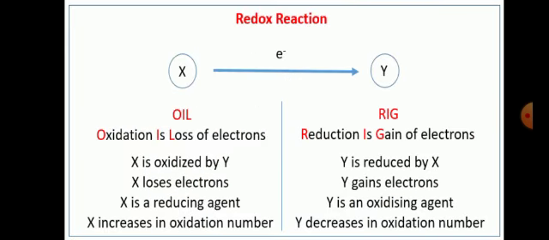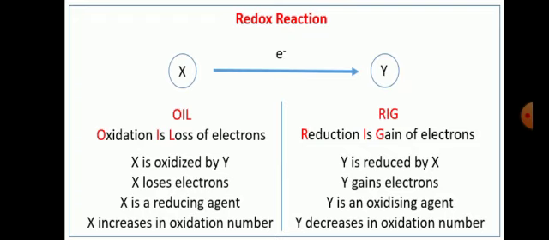So you can remember this redox reaction using this trick, that is OIL RIG. OIL stands for oxidation is loss of electrons. As I said, we can explain redox reaction, that is reduction as well as oxidation, in three terms: in case of oxygen, in case of hydrogen, and the last one, in case of electrons.